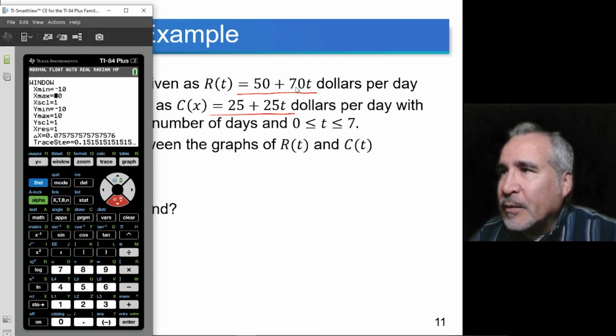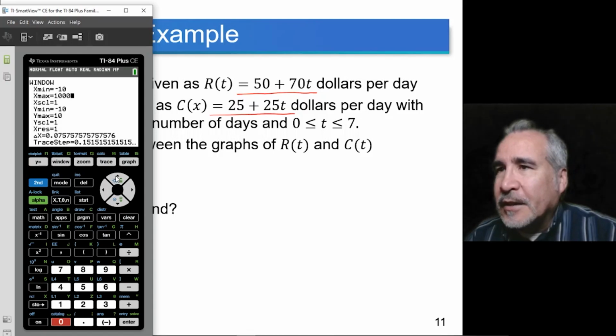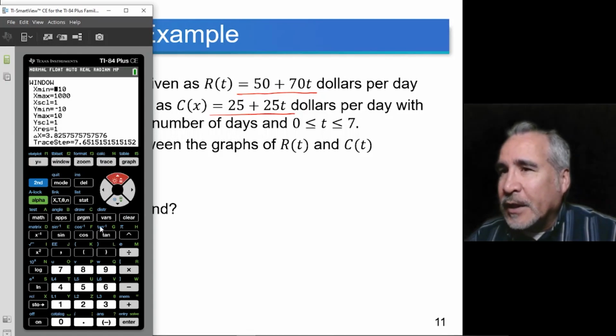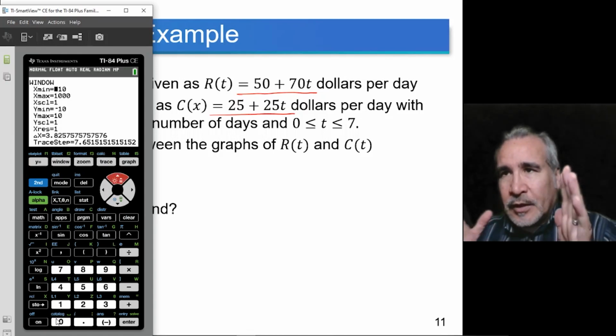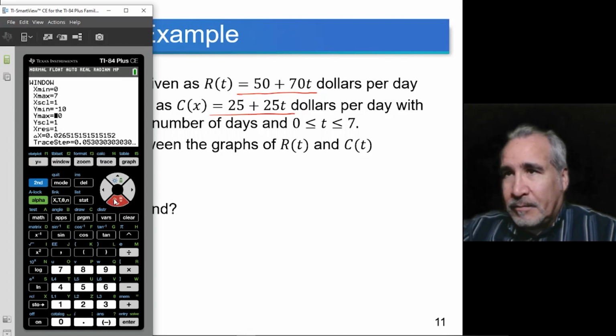We're starting at 50 and going up, 25 and going up. Let's go for 1,000. Oh wait, that's x. X goes from 0 to 7. You could go a little bit bigger if you wanted, but that's it. Y needs to get big.